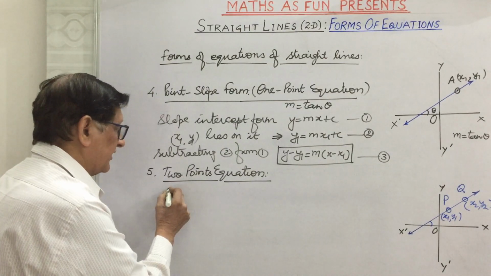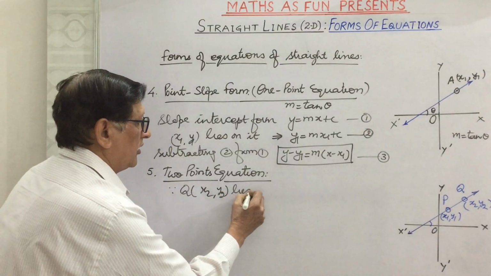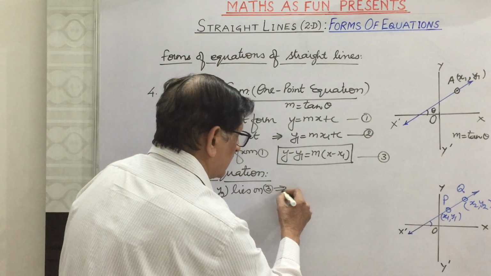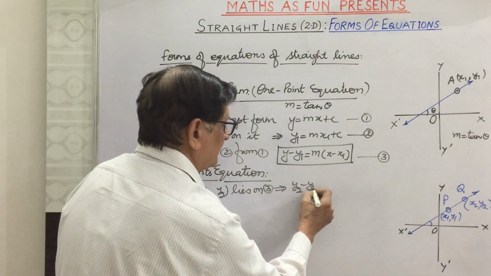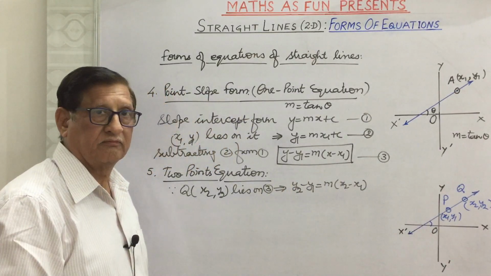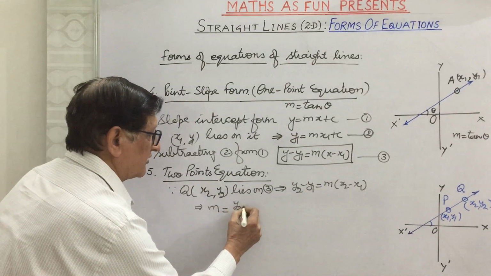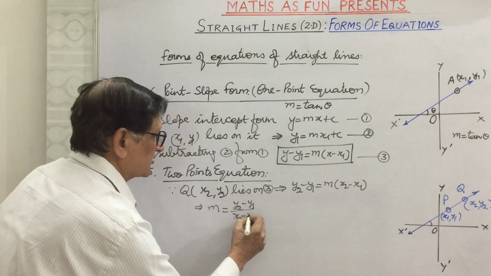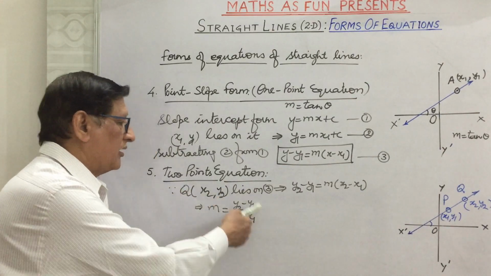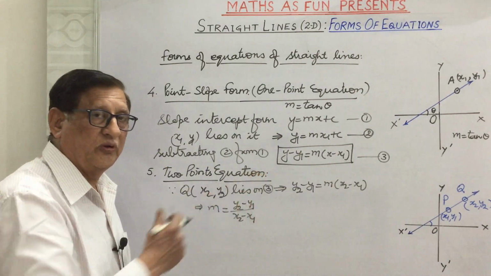So we can say, since Q, that is x2, y2 lies on 3, therefore we will find y2 minus y1 is equal to m into x2 minus x1, which gives us the value of m, that is y2 minus y1 upon x2 minus x1. We have learned the same formula in the previous videos also, how to find out the slope of a line joining 2 points.